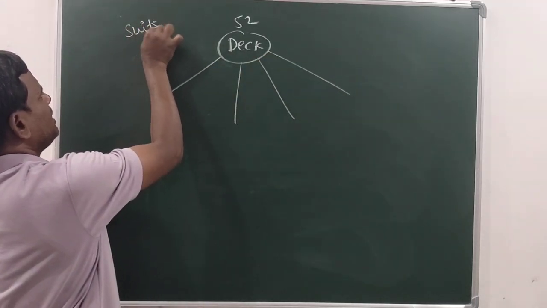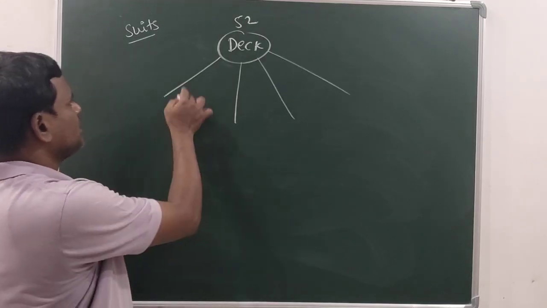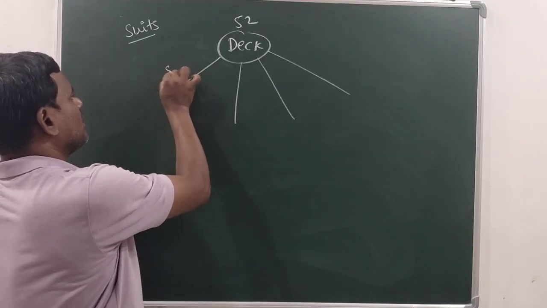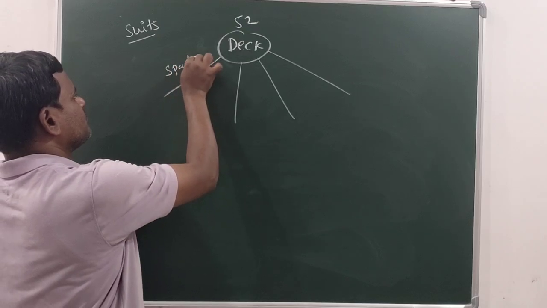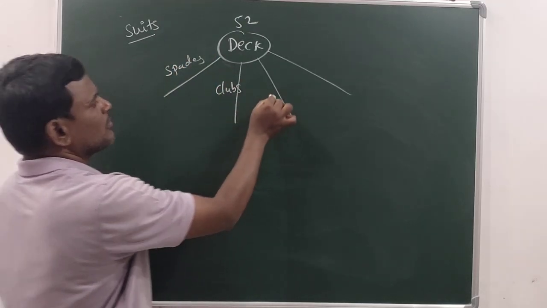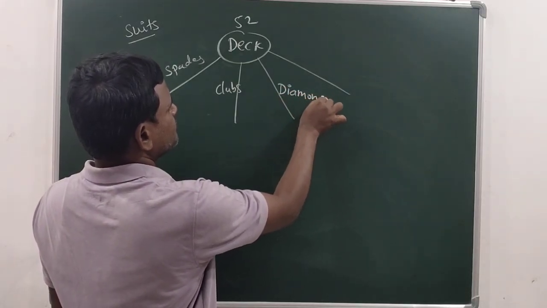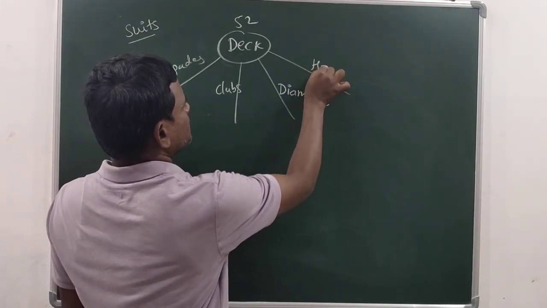In this probability chapter, we say them as suits. So this is said to be spades and clubs, diamonds, hearts.